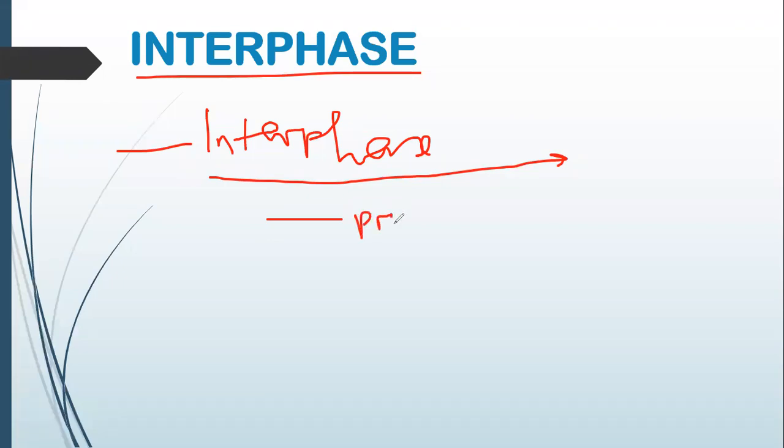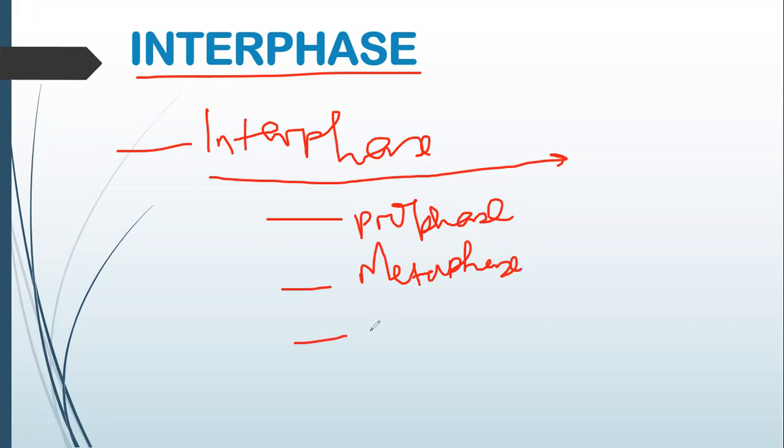The second one, can we guess? Yes, we have prophase. And then from prophase, we go to metaphase, and then from metaphase, we go to anaphase, and then from anaphase, we finally end with telophase.